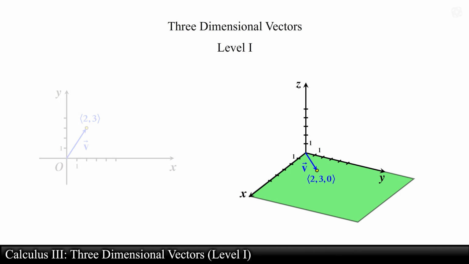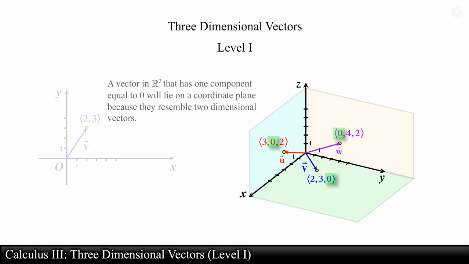In the same manner, the following vectors would be located on the xz plane and yz plane, respectively. Notice that in each case, there is a component equal to 0. Any vector in R³ that has one component equal to 0 will lie on a coordinate plane because they resemble two-dimensional vectors.